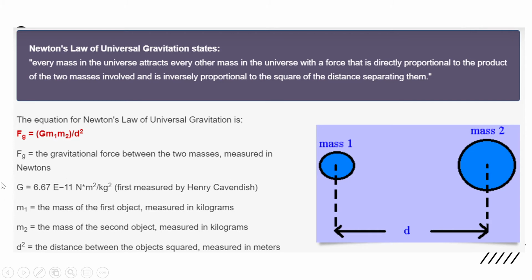So no matter what problem you are trying to solve, this value is going to remain constant. If you can try to memorize this value, that will be the best thing you can do. So G equals 6.67 E minus 11 newtons meters squared per kilograms squared.